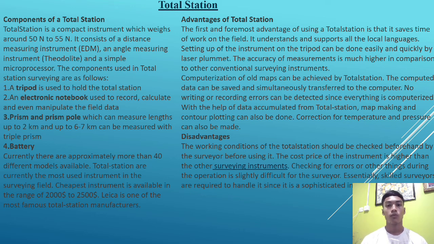Setting up of the instrument on the tripod can be done easily and quickly by laser plummet. The accuracy of measurements is much higher in comparison to other conventional surveying instruments.